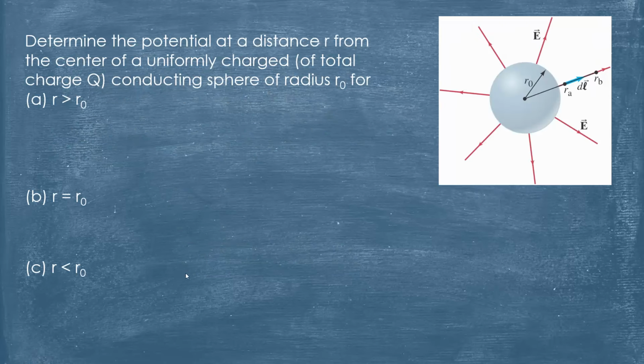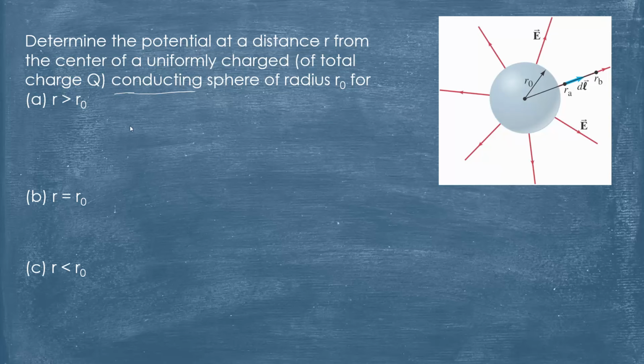All right. Now we spent a lot of time looking at electric fields due to charged spheres. Now we're going to look at the electric potential. And to start off with, we want to know the potential outside of the sphere. It is a conducting sphere, so that tells us that all of the charge is on the surface of the sphere.